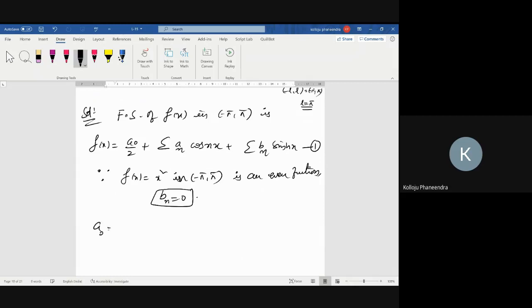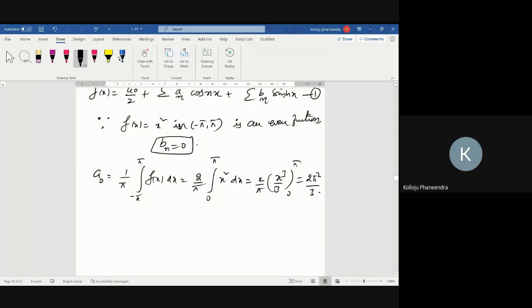Coming to a naught, what is the formula? a naught is 1 by pi integral minus pi to pi f of x dx. This is 2 by pi integral 0 to pi, since it is an even function, x square: 2 by pi times x cube by 3 from 0 to pi, pi cube. So 2 pi square by 3 is the value of a naught.